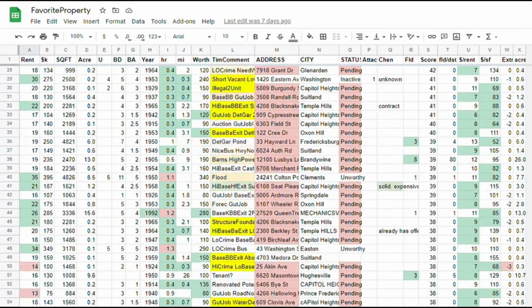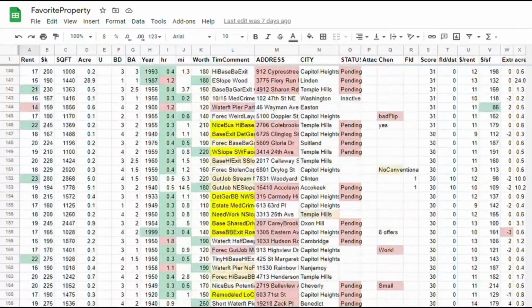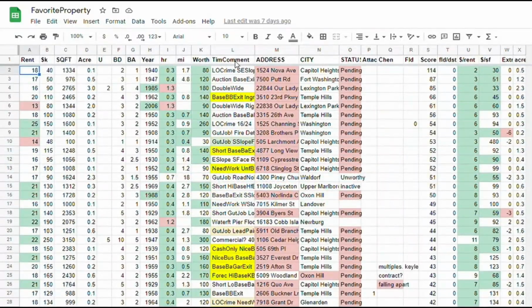And so what Tim hasn't said is this is really a massive spreadsheet that has tons of columns of data. He'll put in how many bedrooms, how many bathrooms, how close a property is to a metro, the school district, I believe. Just tons and tons of data. And each of the cells factor into a score.